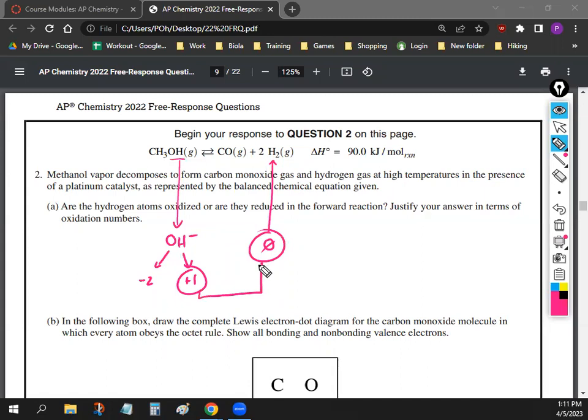If it goes from +1 to 0, did it gain or lose electrons? It gained electrons, which means that it is reduced. Gains electrons, and it's reduced. So that would be your justification. It's reduced because the oxidation number of hydrogen goes from +1 to 0. That's all you need to write. Easy peasy.